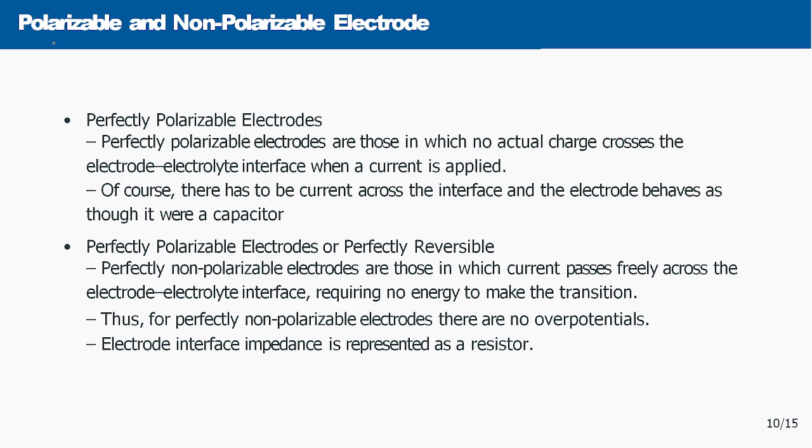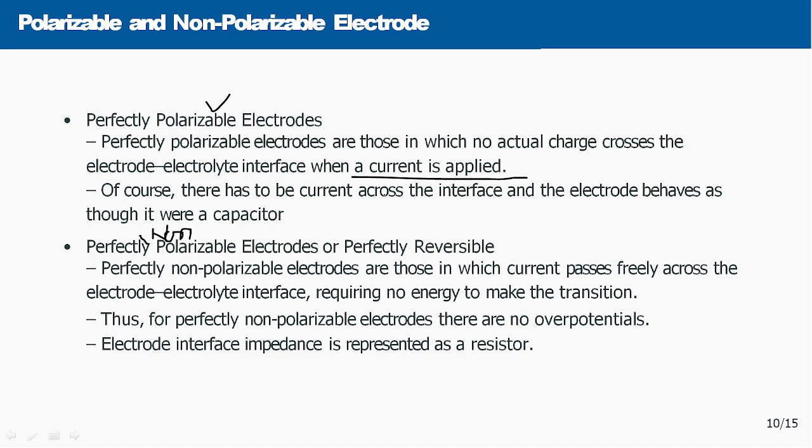Now, coming to the different types of electrodes in terms of polarizability. We have perfectly polarizable electrodes and perfectly non-polarizable electrodes. Perfectly polarizable electrodes means those electrodes where no actual charge crosses the electrode electrolyte interface when a current is applied.